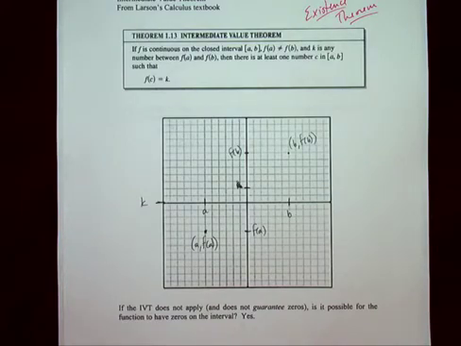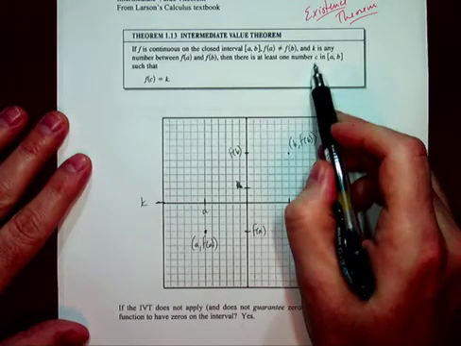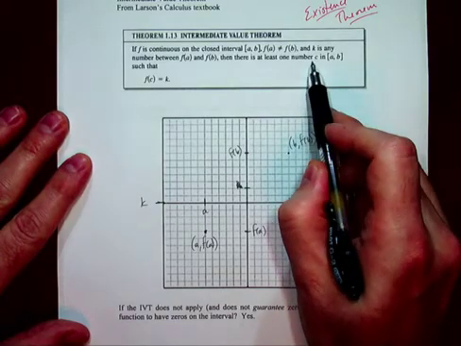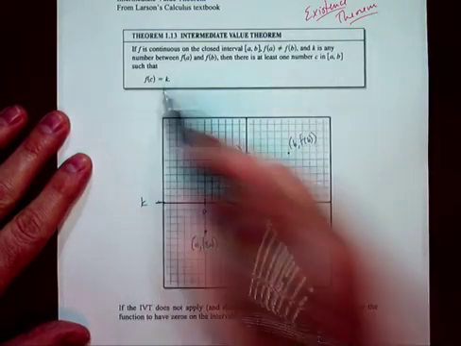It needs to be continuous on the interval, the outputs on the endpoints of the interval can't be the same, and the value that you're looking for has to be somewhere between those outputs, somewhere on that output interval. All right, then that means that there is at least one c value, there is some input value that will give you that output value.